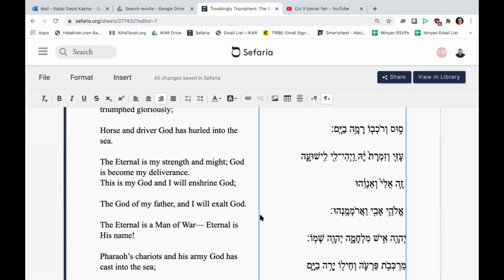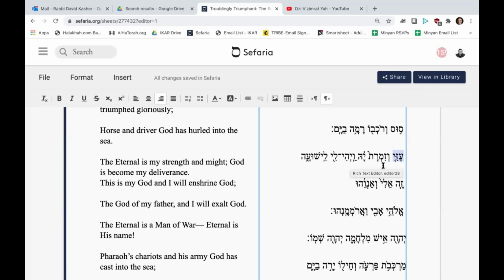Now, I invite you, keen Hebrew readers, to parse this as well, because I've never known exactly how to. The words here are my strength, and it looks like, and the song of God have been for me a deliverance. But it seems these refer to God. God is my strength.